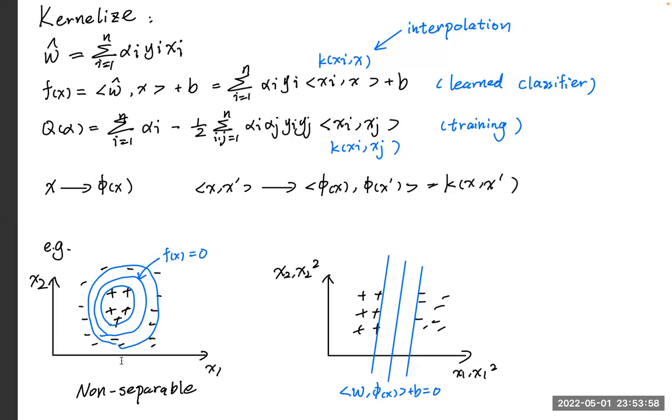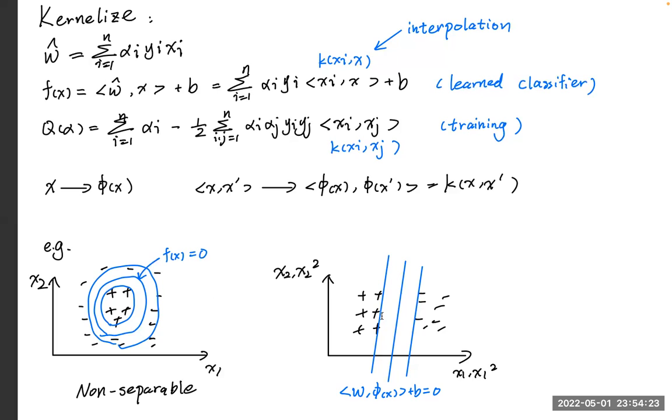So if you go back to the original space, this boundary becomes this boundary. We know that in the separable situation, this boundary is the safety boundary for -1, and this is 0, right? And this is the safety boundary for +1.